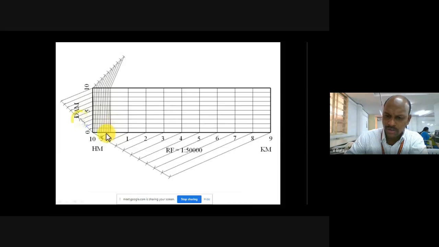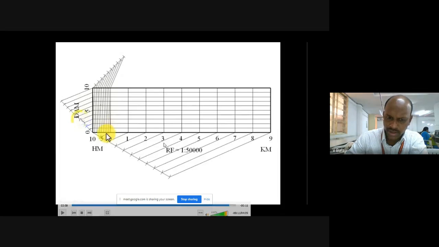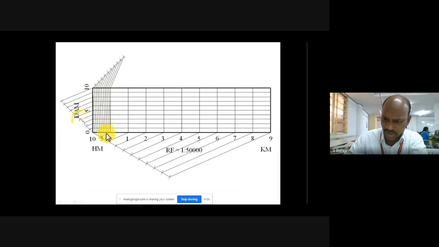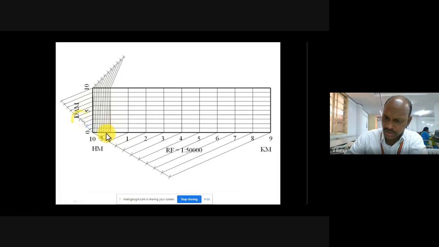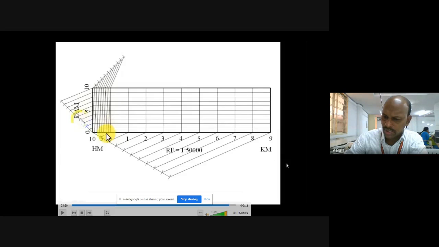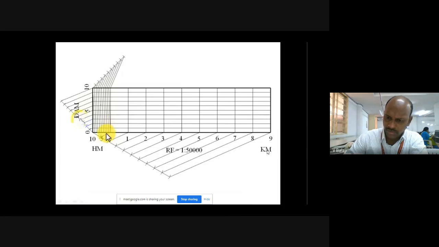So you need to remember the chart. Don't always think that only the relation between kilometer, hectometer and decameter will be given in the exams. You may be given other units like kilometer, miles, furlongs.